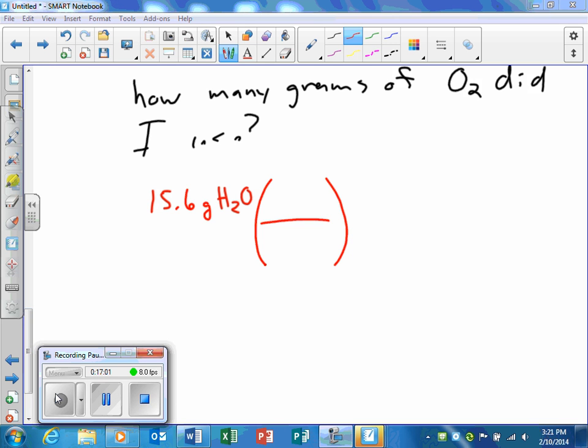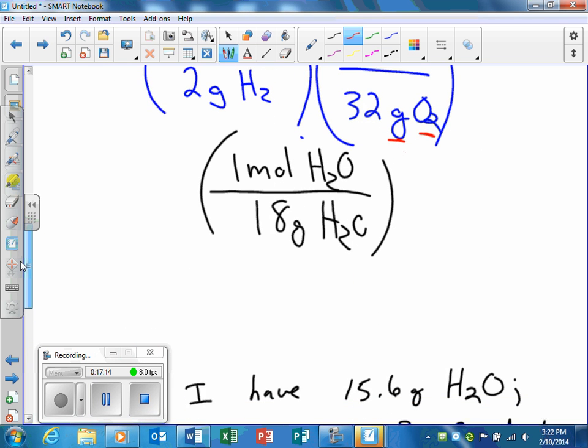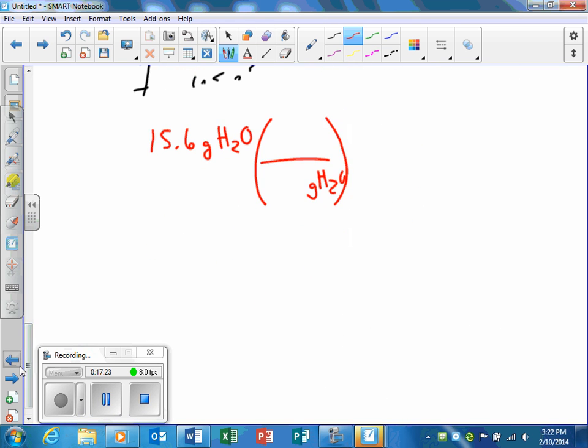I know I have to have grams of H2O on the bottom because grams of H2O divided by grams of H2O is 1. It factors out. Okay. So now I have to look for my relationship that has that. Oh, here it is. I'm going to put that into my formula. So 1 mole of H2O is 18 grams of H2O.